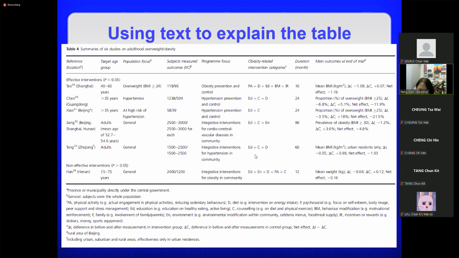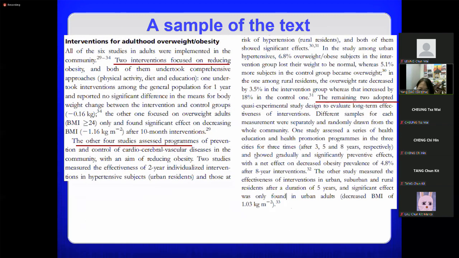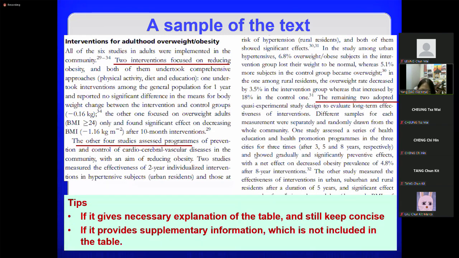to present the outcome, and then give some text to interpret that table, as well as to supplement some other information. So here are the tips on how to write up the main text.